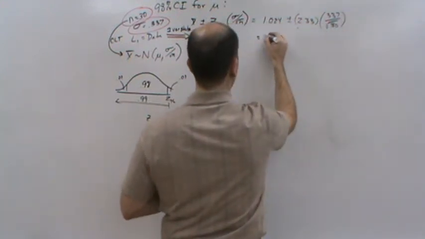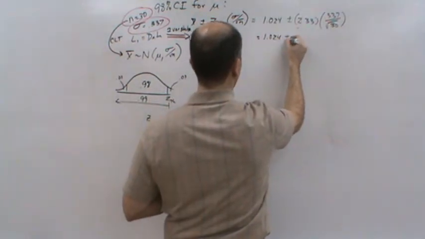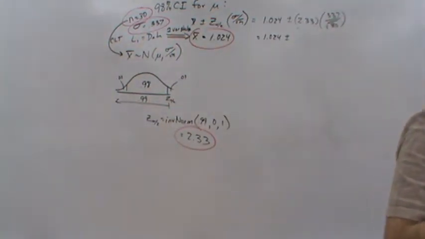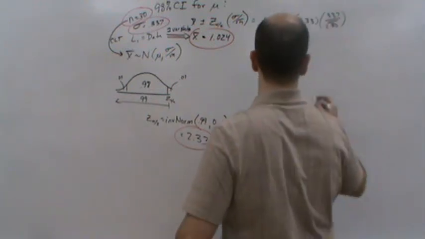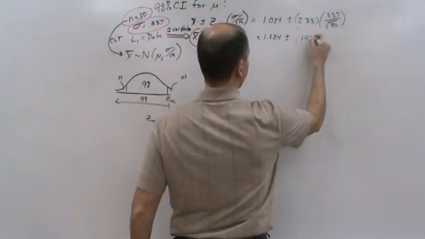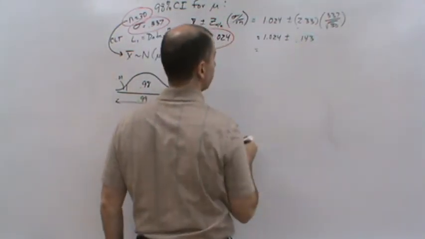And so this is going to equal 1.024 plus or minus what? 0.143.